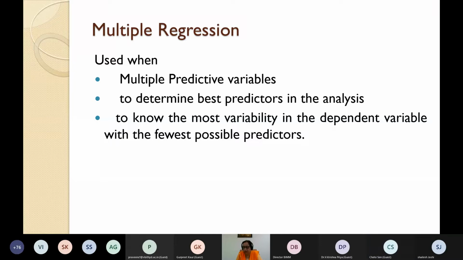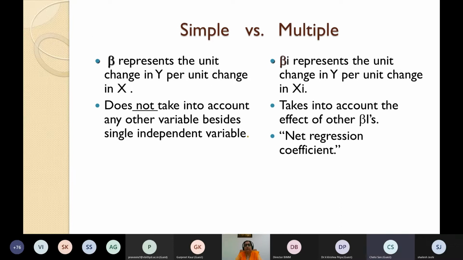Because the more predictors, the more information you will have to gather, the more data you will have to purchase. So it can be cost analysis. Today we are going to read about two approaches to determine the quality of these predictors. First is stepwise regression, and second is hierarchical regression.